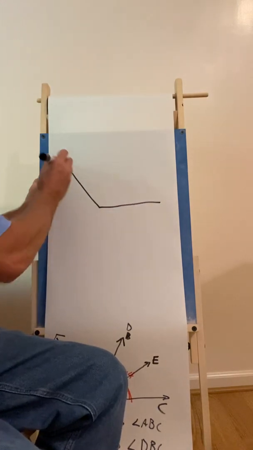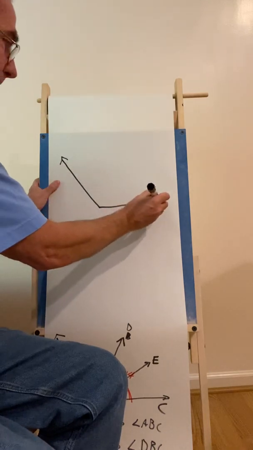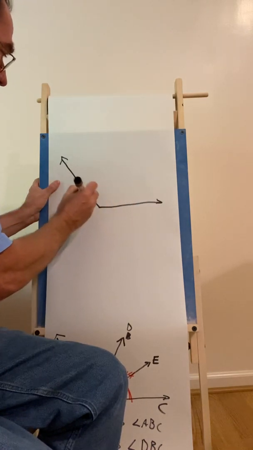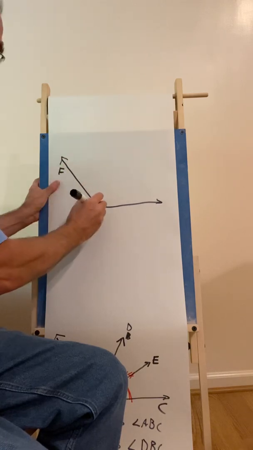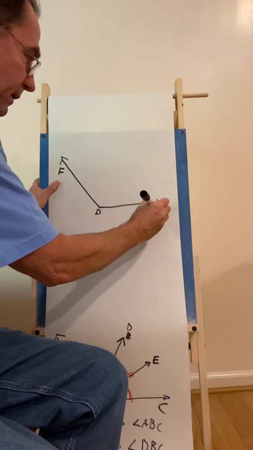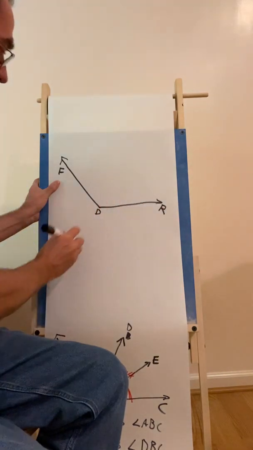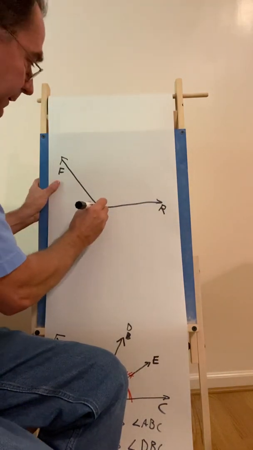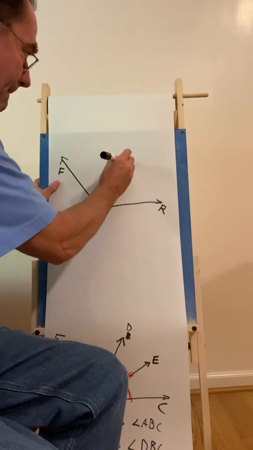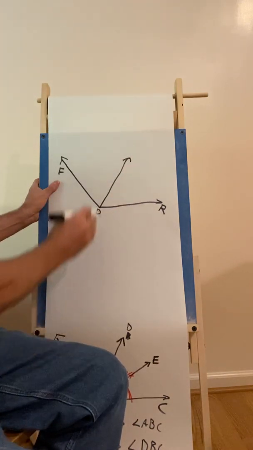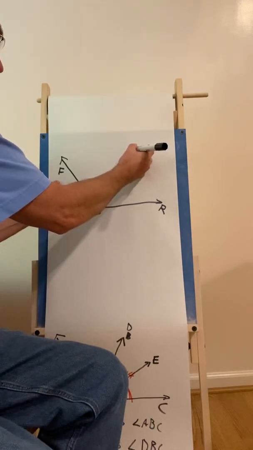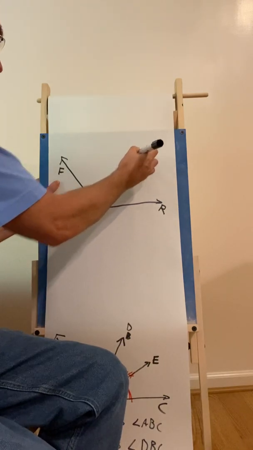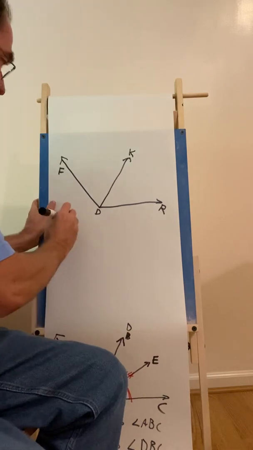So I have an obtuse angle. And we can call it anything, it doesn't matter. FDR. And if we take that obtuse angle and bisect it, we get two acute angles, FDR, K. So DK bisects FDR.